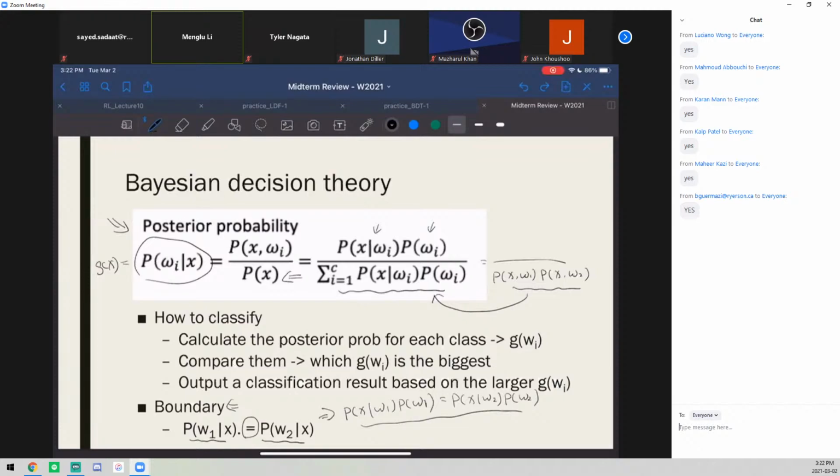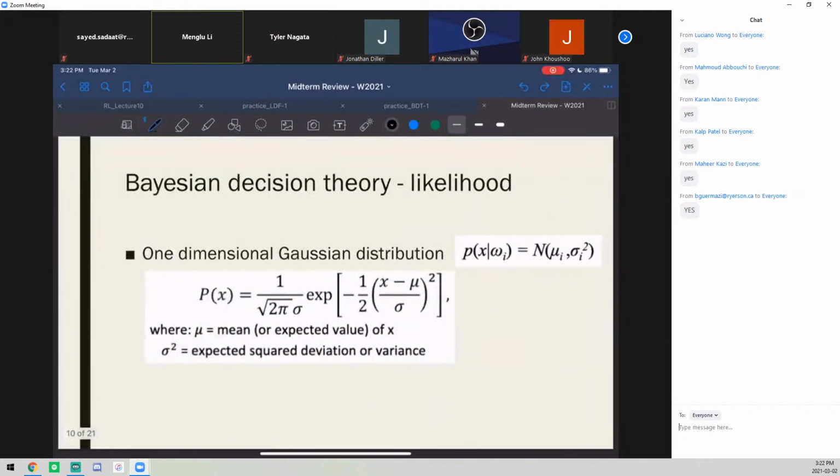And for this section, we also consider the case where the distribution of each class is Gaussian, which means the likelihood is a Gaussian distribution or a multivariate Gaussian distribution.